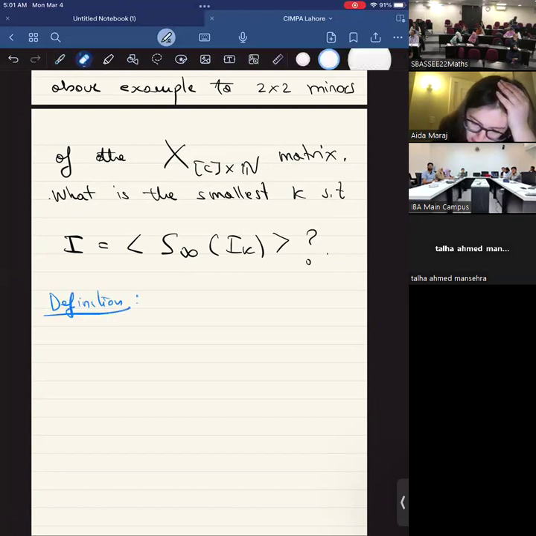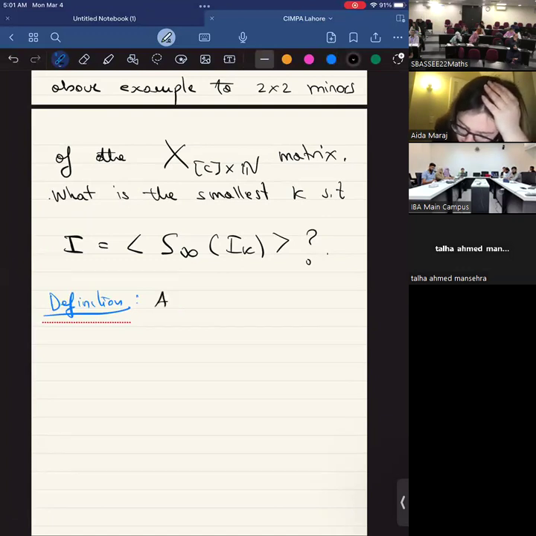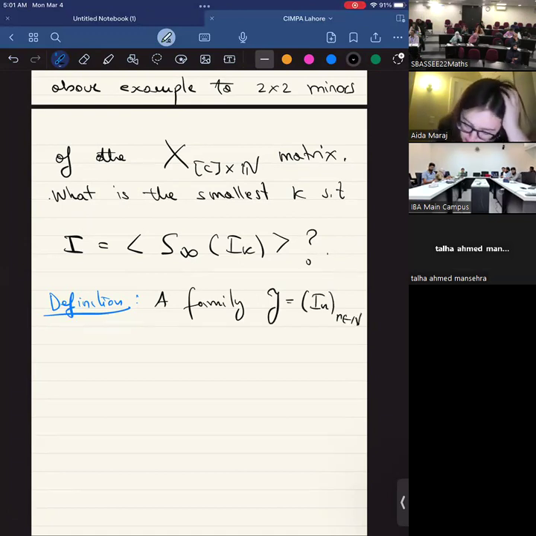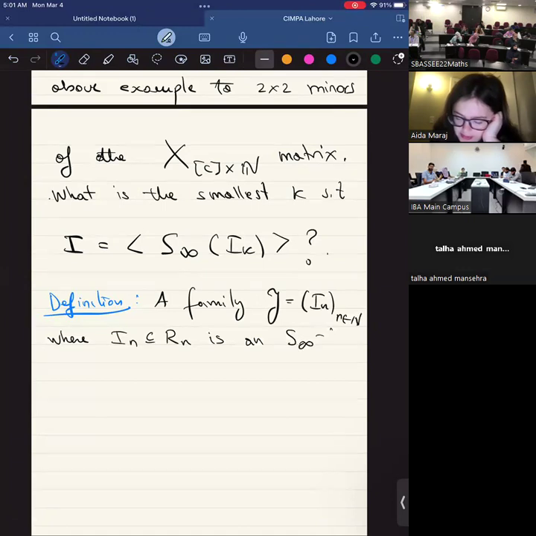A family In, n in N, where each In lives in this polynomial ring Rn, is an S infinity filtration.